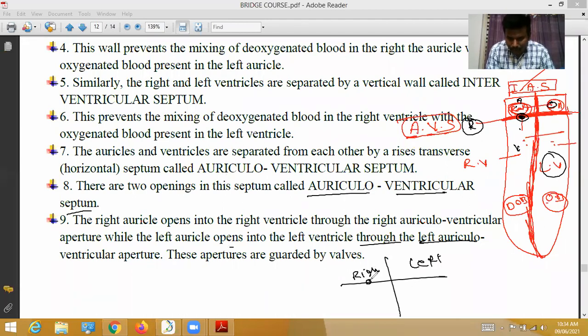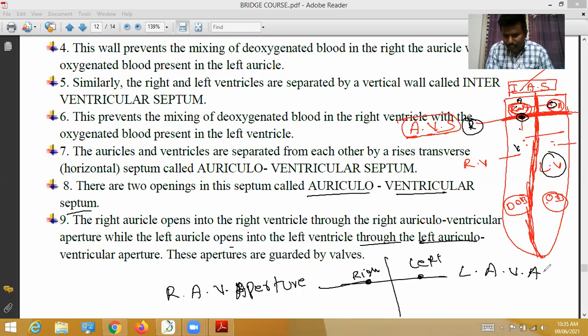On the right side a small hole is present, called the right auriculoventricular aperture. On this side, the hole present on the left side is called the left auriculoventricular aperture. These holes are guarded by valves.